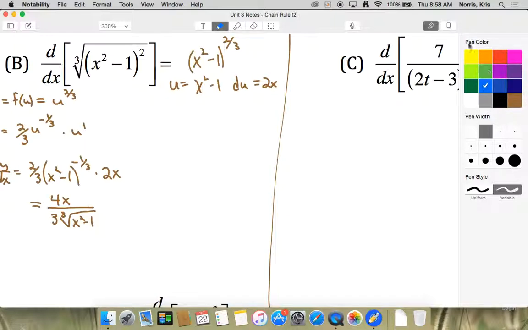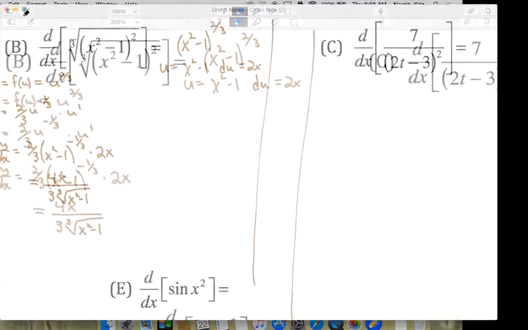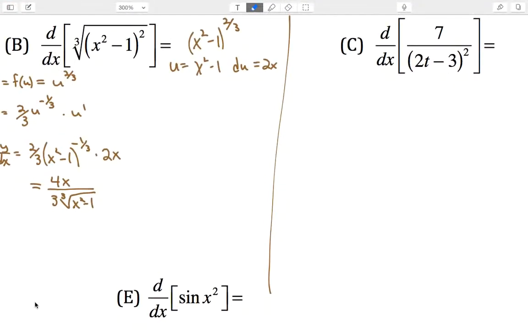I just can't stand it all being the same color. Also, this is a gross color, it's like brown. I think you pressed that one. Right, that's what you meant, right?